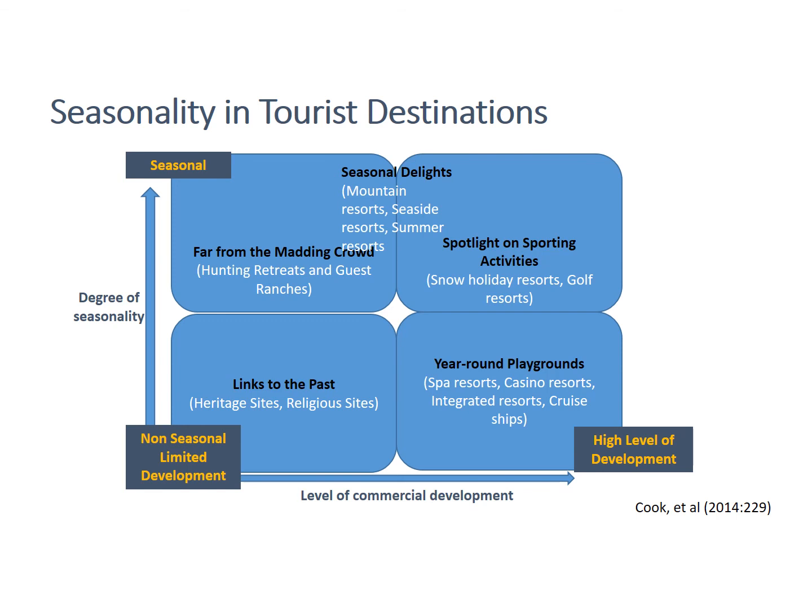Then you've got low seasonality but high commercial development, which includes year-round playgrounds, spa resorts, casino resorts, integrated resorts, cruise ships, and so on. So you can see this diagram of seasonality in tourist destinations split into different categories.